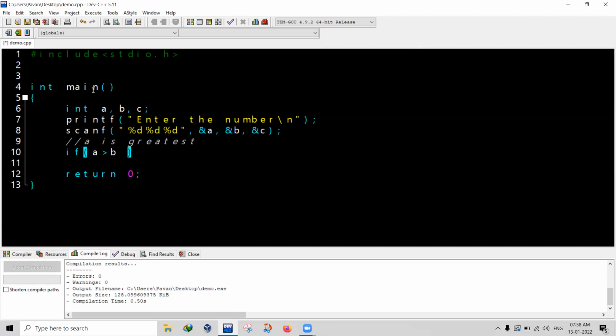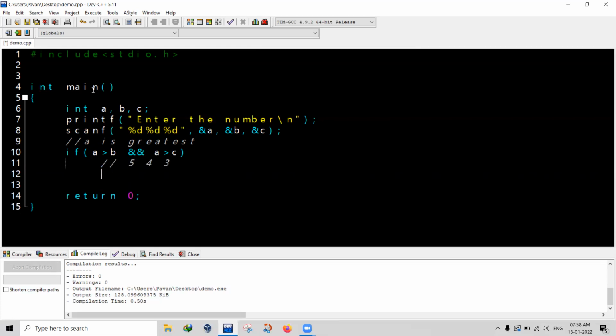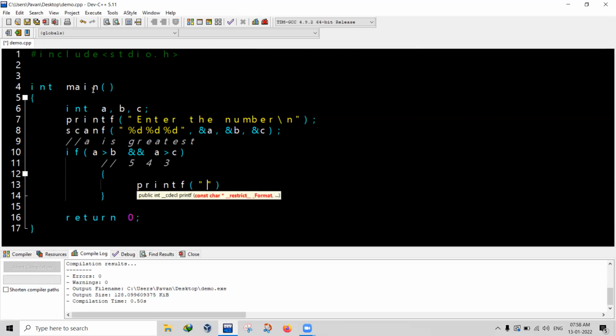A should be greater than B, of course, and A should also be greater than C. If A is greater than B and A is greater than C, that is, the inputs are like this: 5, 4, 3, so A is the greatest. Just printf "%d is greatest\n", and the number is A. Done. If condition is complete. If this condition is true, what does that mean?